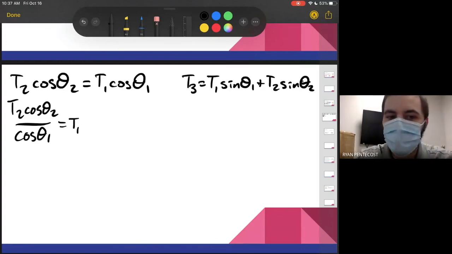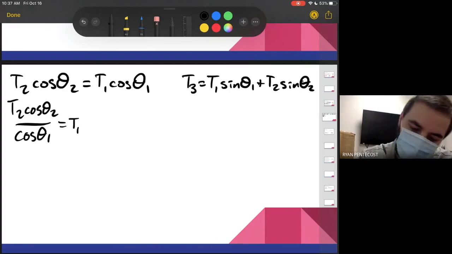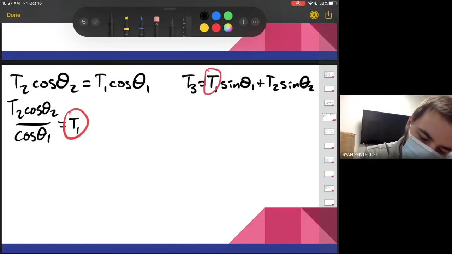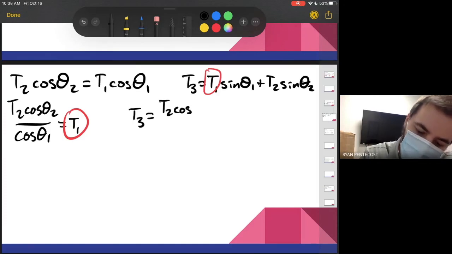The thetas are different, so those cosines don't cancel. Then we take that T1 and substitute it in right there. So then we have T3 equals T2 cosine theta 2 divided by cosine theta 1, all times sine of theta 1.